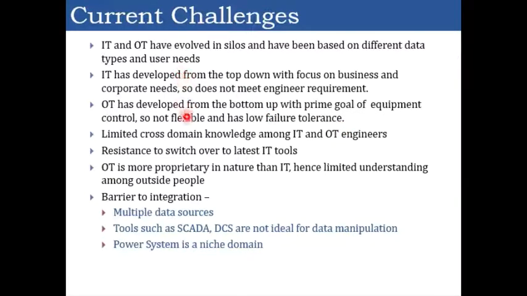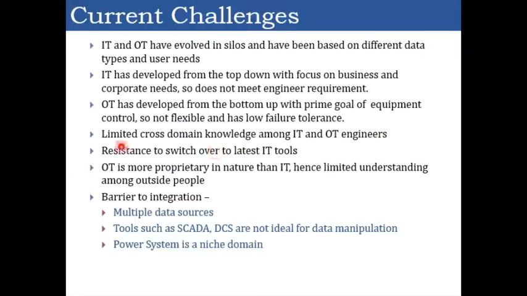Now, with this, you can understand that both have different approaches in handling the data or information which is flowing. Because of that, the skilled resources in IT and OT were also different. And because of that, we had very limited cross-domain knowledge among IT and OT engineers.